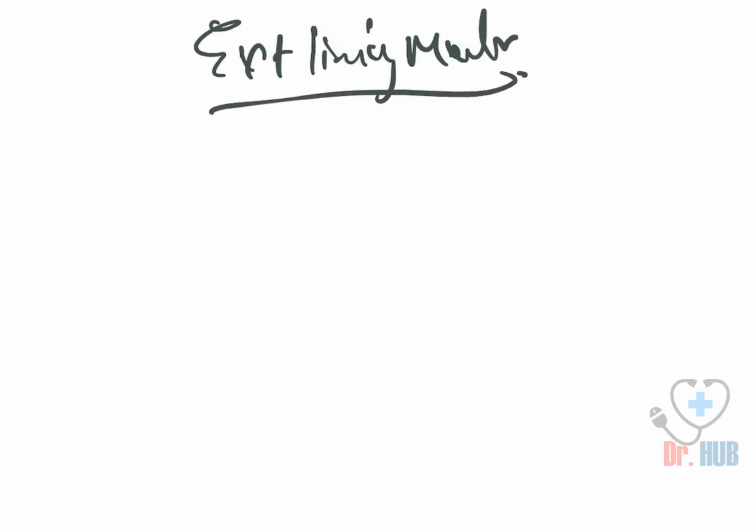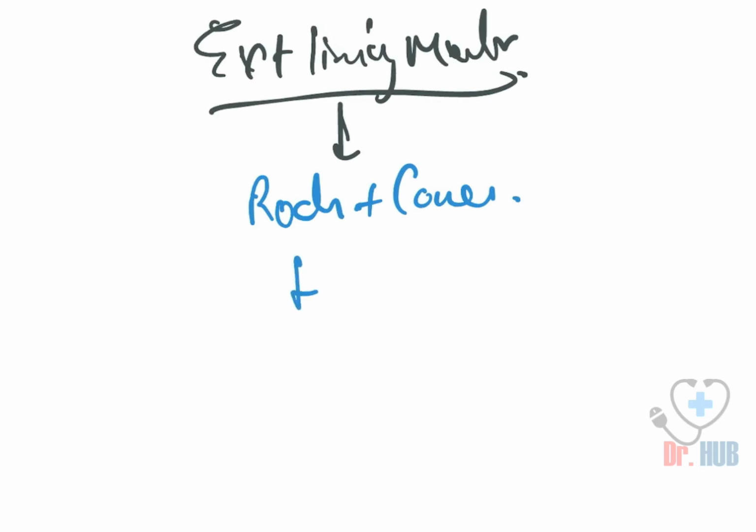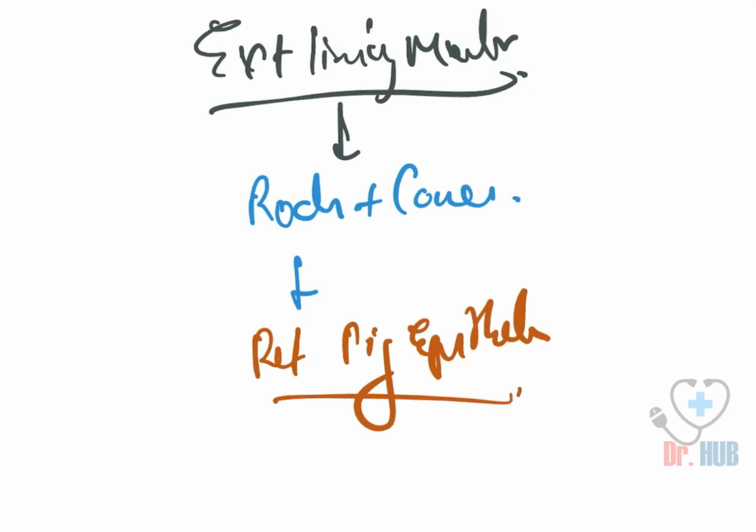And after the external limiting membrane, it is the presence of the rods as well as cones. Beyond the rods and cones is the presence of the retinal pigment epithelium.